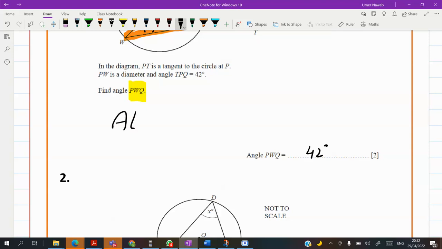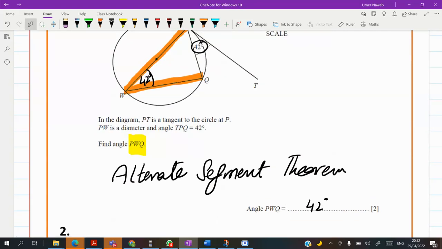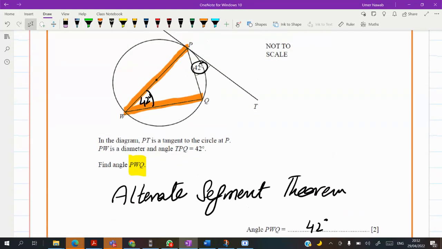And what is the reason? Alternate segment theorem. Number one, and I think this question is taken from exams earlier than 2020. So at that time, maybe they were not using the alternate segment theorem. So this question can also be done in this way.